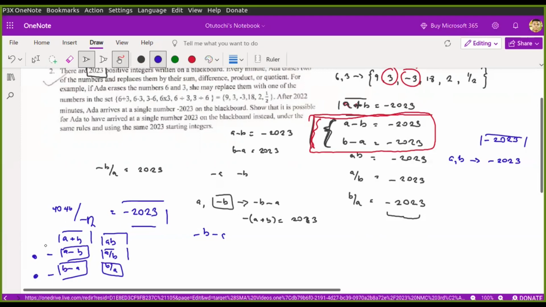So with this method, we can invert every negative number in this game. Whatever she ends up with, no matter how many numbers she starts with, if she ends up with a negative number, we can show that we can invert that negative number to give us the absolute value of it by just retracing our steps in this manner, right?